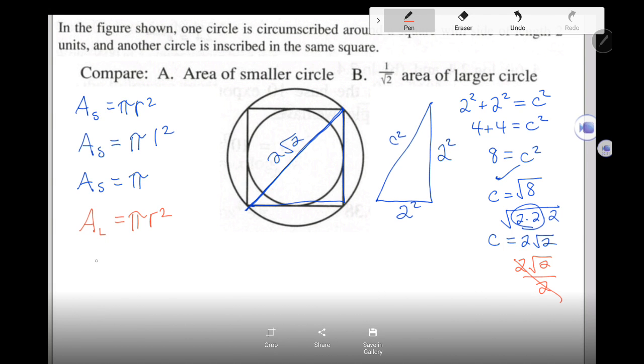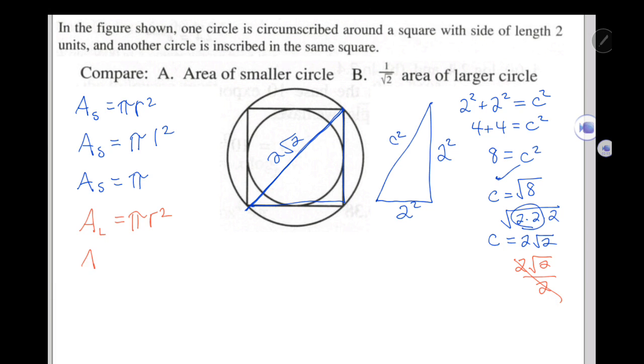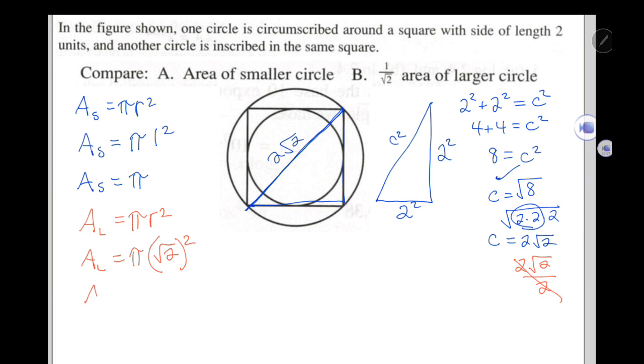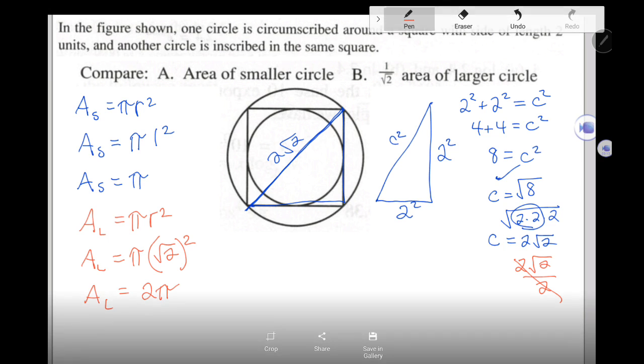So the area of the large circle is equal to pi times square root of 2 squared, because the radius is square root of 2. And if I square the square root of 2, then the area of the large circle is equal to 2 pi, because the square root of 2 squared is 2.